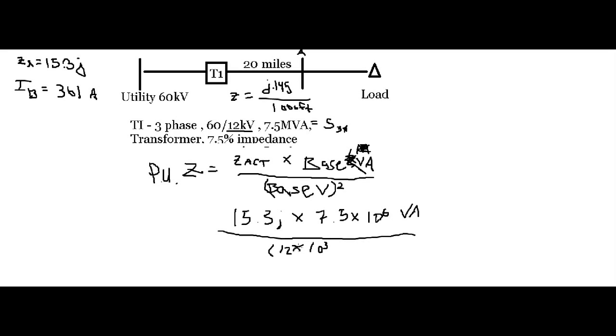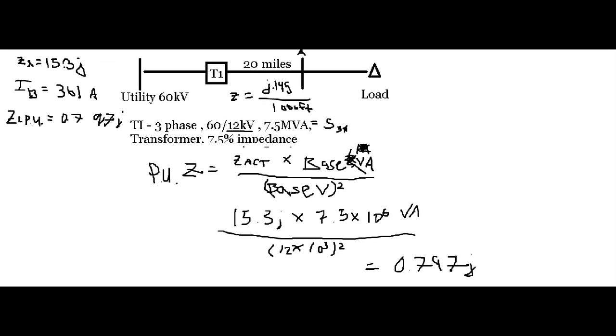And this should just be voltage. Okay, 7.5 times 10 to the 6 volt amps. Sorry about that. And then divided by the base voltage, which is 12 times 10 to the 3 squared. And that is going to give us a value of 0.797 j.